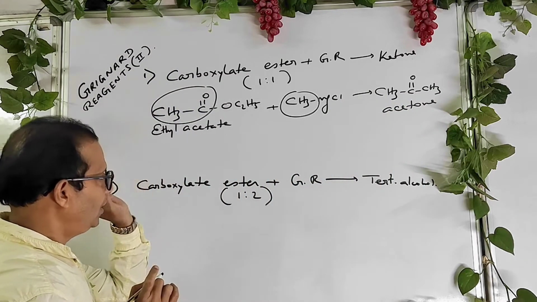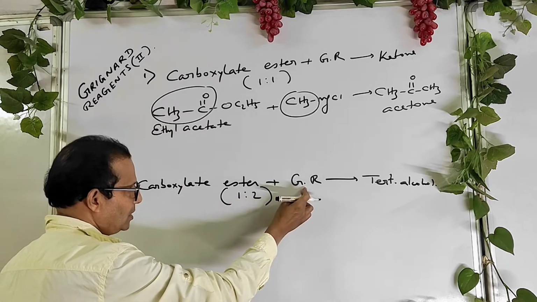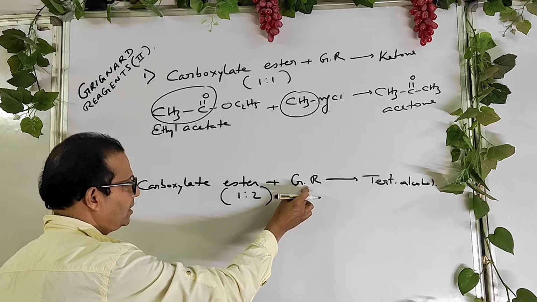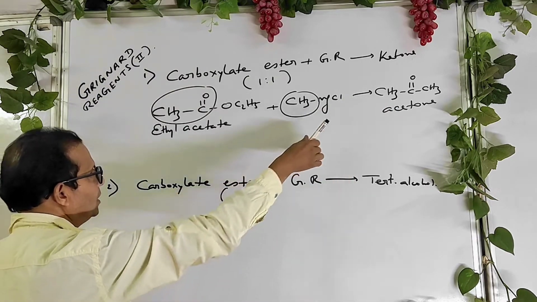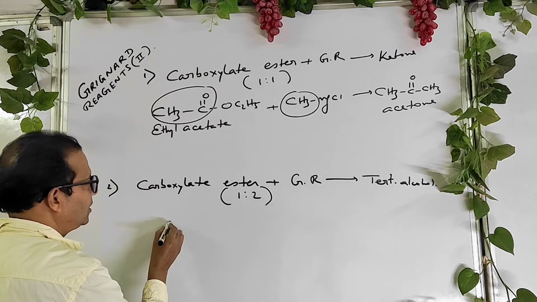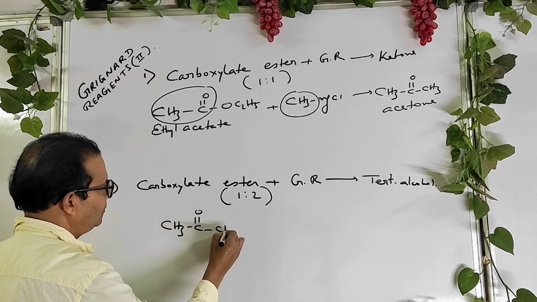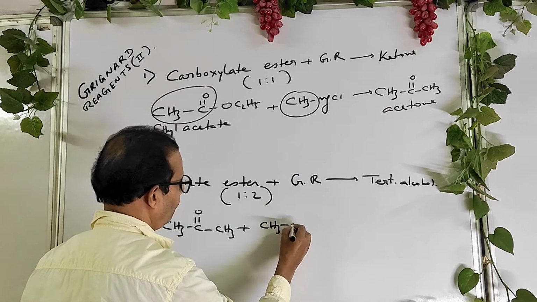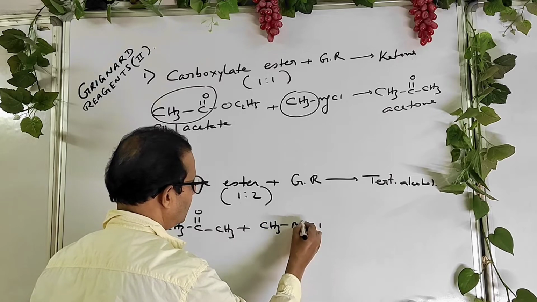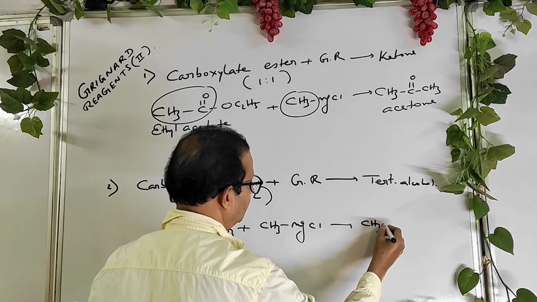But if the ratio is 1:2, the second molecule of Grignard reagent further reacts with acetone to give, you know, that tertiary alcohol.